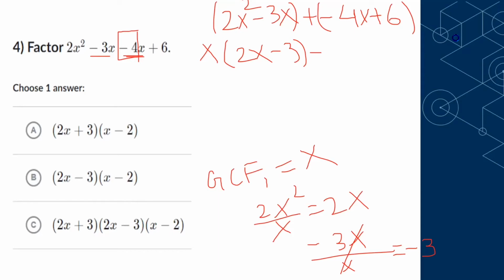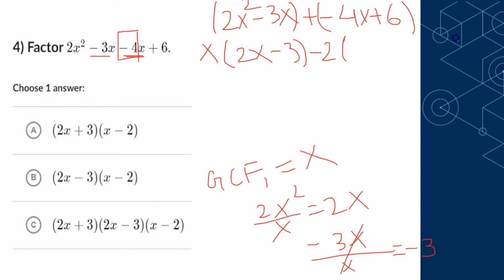The GCF of 4 and 6 is 2, because that's the greatest common factor. And my GCF cannot have a variable, because only the first term has a variable. The second term does not have a variable, so my GCF is not going to have a variable.